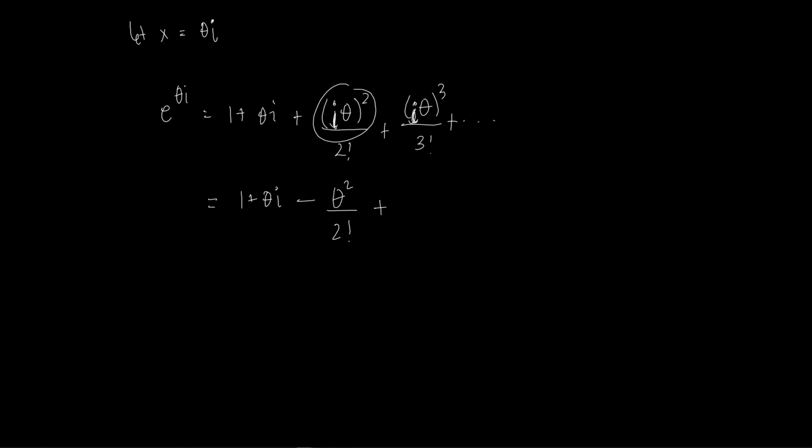So, we have i theta cubed over 3 factorial. Dili negative ang i cubed.